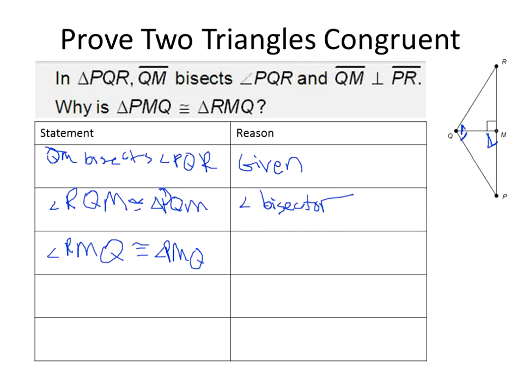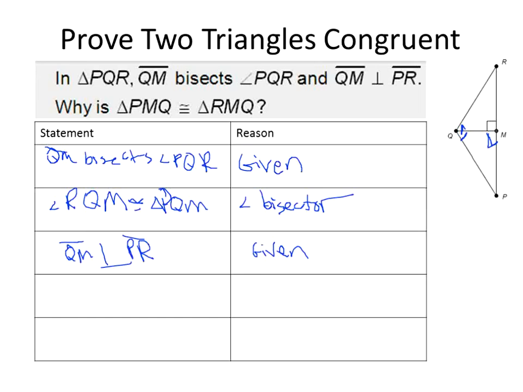Oops, sorry, missed a step here. Let's try this again. We know that QM is perpendicular to PR, and that was given. Can't forget to write down the given part.